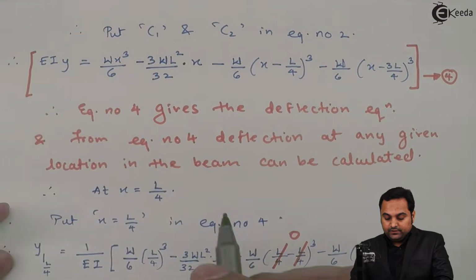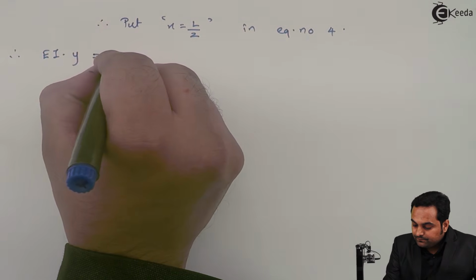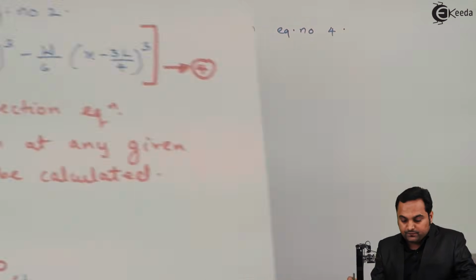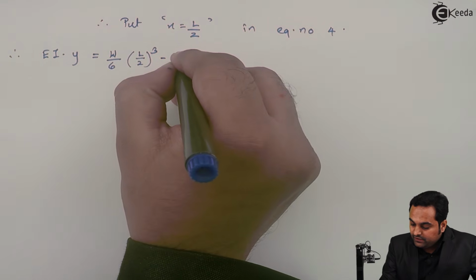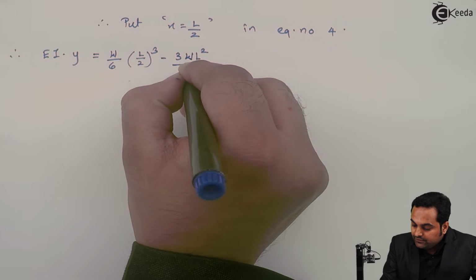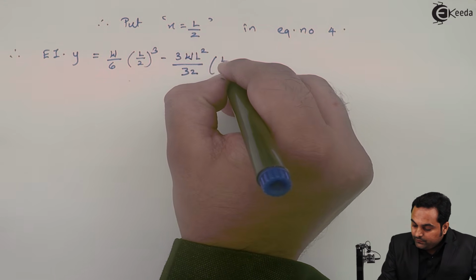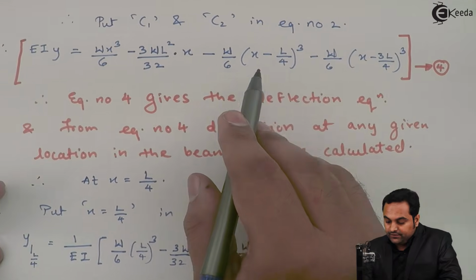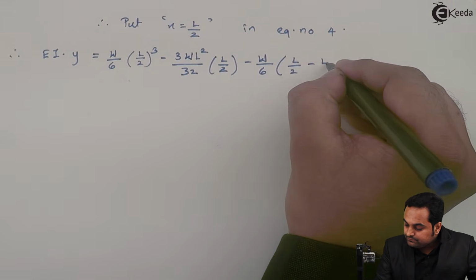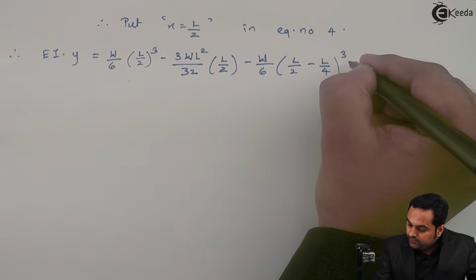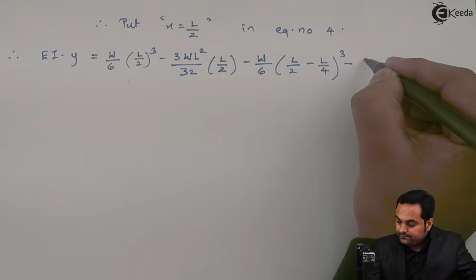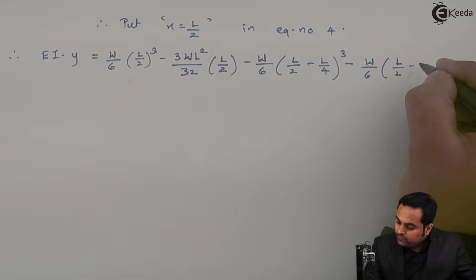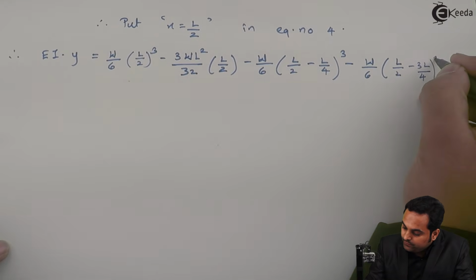So here we have EI into y is equal to, in equation 4, I am keeping the value: W by 6 will remain as it is. It is x cube, so L by 2 cube, minus this term 3 WL square by 32, x is L by 2, minus W by 6, x is L by 2 here minus L by 4 cube, minus W by 6, x, L by 2 minus 3L by 4 cube.